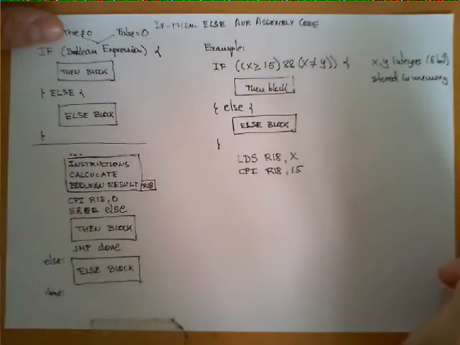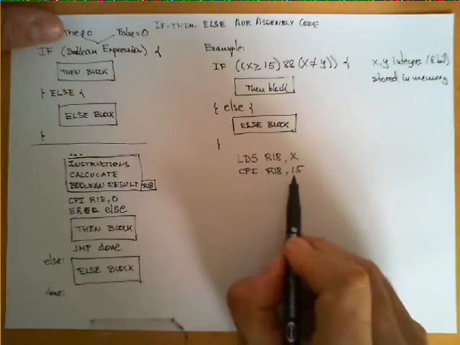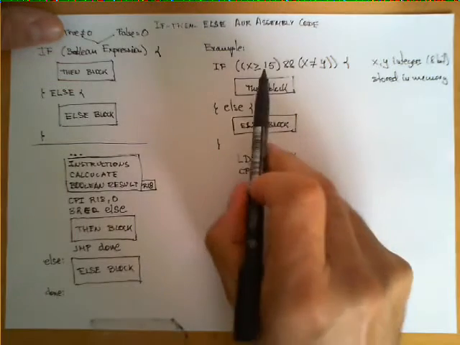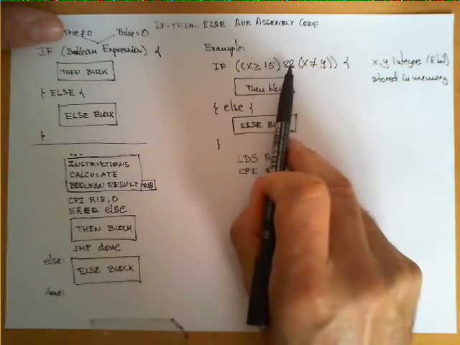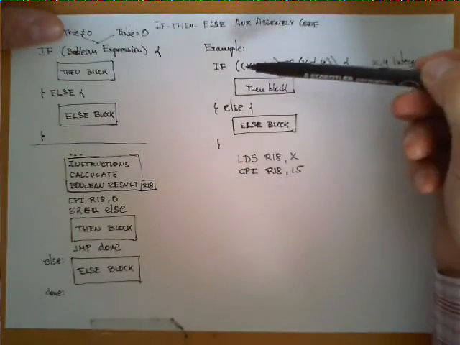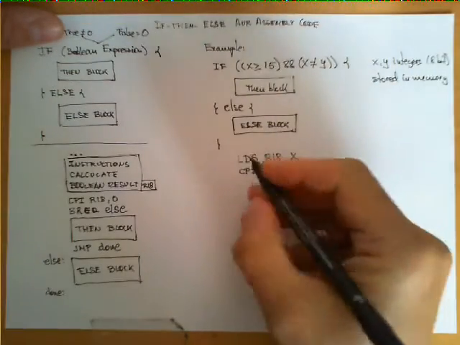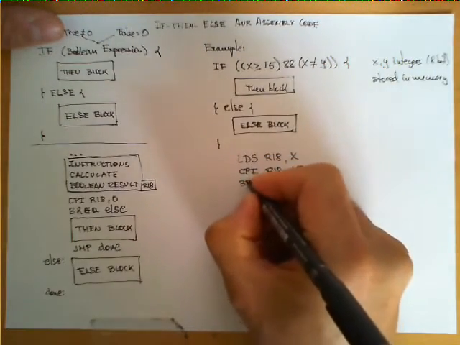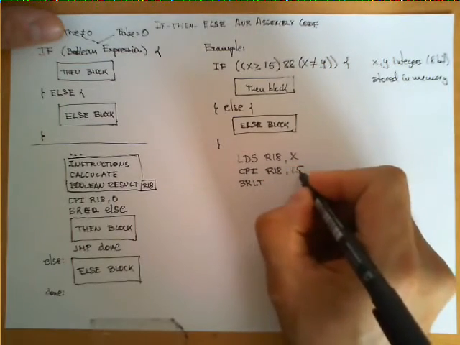Now an interesting thing happens here. After comparing x, or R18 in this case, with 15, if this condition is false, since it is a sub-expression of a conjunction, a false condition here would already tell me immediately that I need to execute the else block. Now this condition being false means that I would branch if R18 is lower than 15.